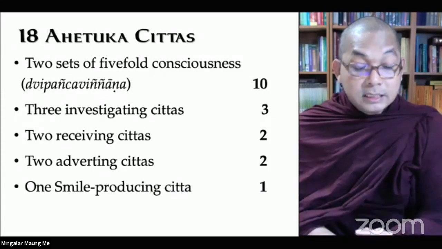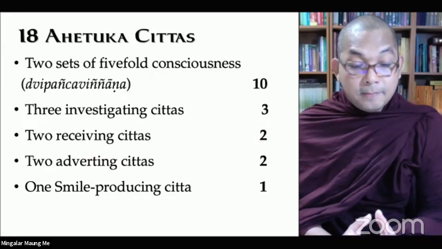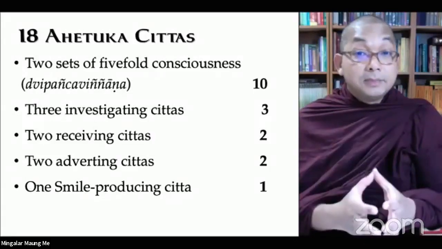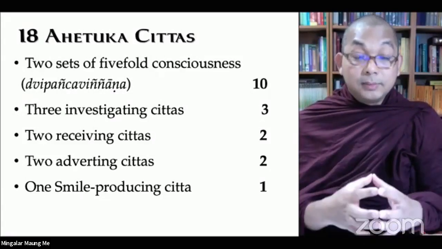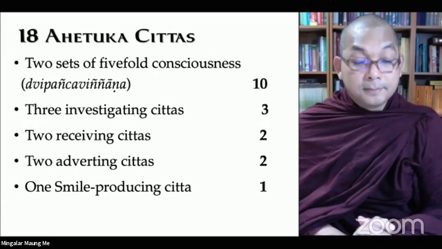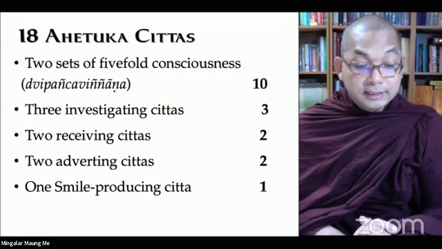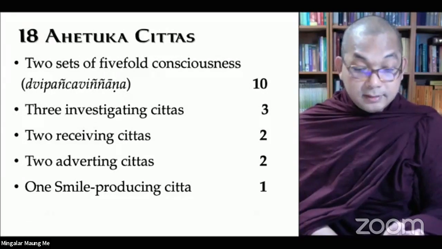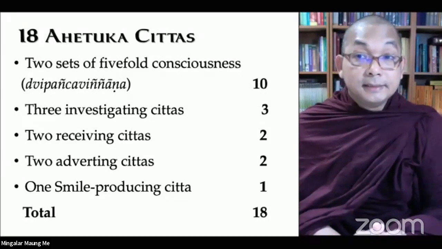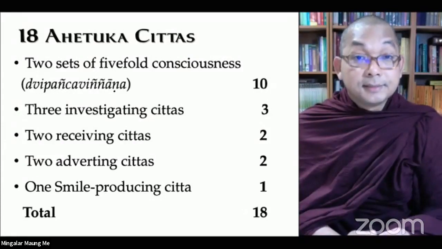Another one is one smile-producing ceta. We combine all similar types of cetas and then give the name: two sets of five-fold consciousness, three investigating cetas, two receiving cetas, two Avajjana cetas, one smile-producing ceta. Altogether 18 Ahetuka cetas.